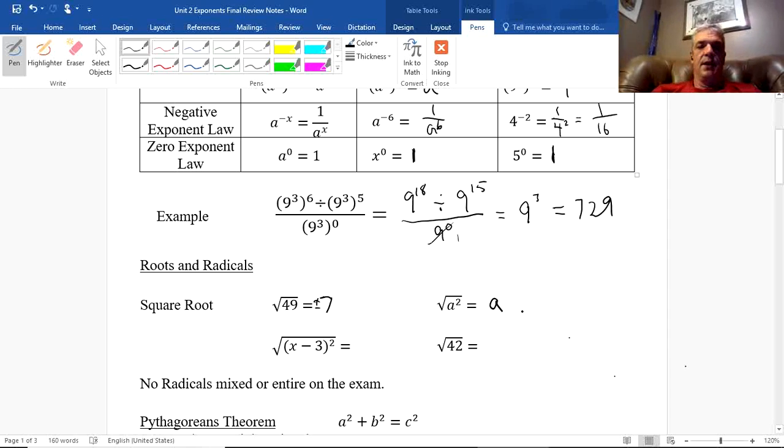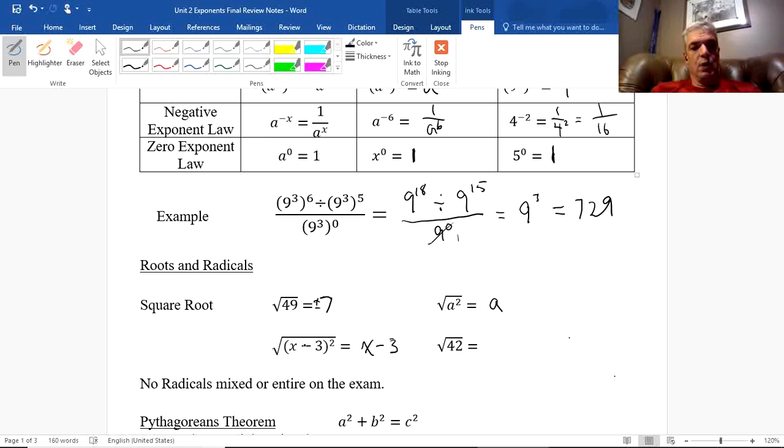And then we always have these really funky ones here where the square root of something in brackets, well, that just simply equals x minus 3. And that's just how it works, because x minus 3 times x minus 3 is what x squared means. And when we take the square root, we eliminate the square of the part that is in the brackets. And then, of course, you can have things like the square root of not perfect squares.